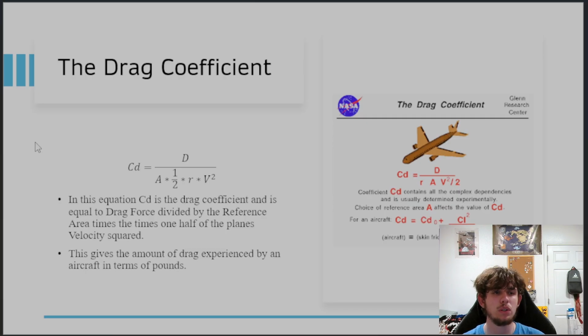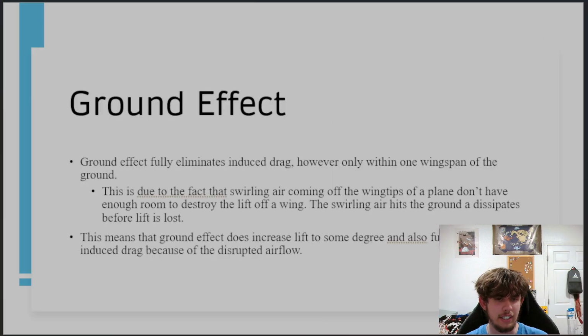It is equal to the drag force, or the total force pulling back on an aircraft, divided by the reference area of the plane, or R in this case, which is times 1/2 of the plane's velocity squared. And as I said, this is expressed in pounds of drag.